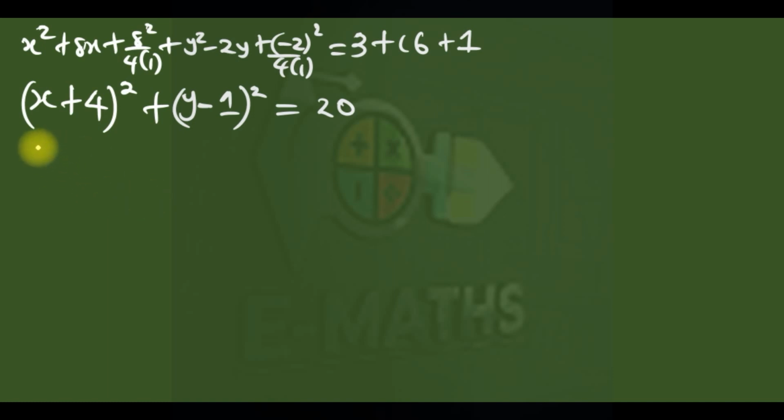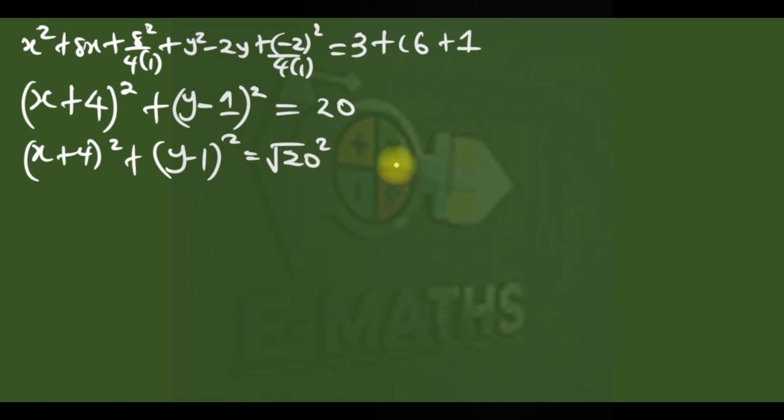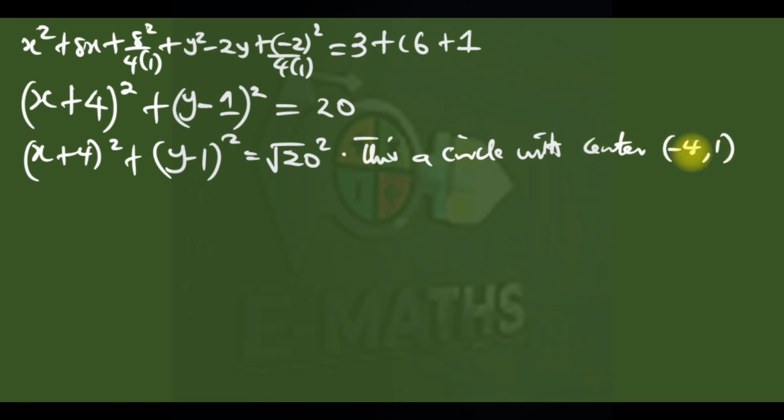As you can see, we can still make it this way. This is root 20 squared. So this is a circle with center minus 4, 1 and radius root 20.